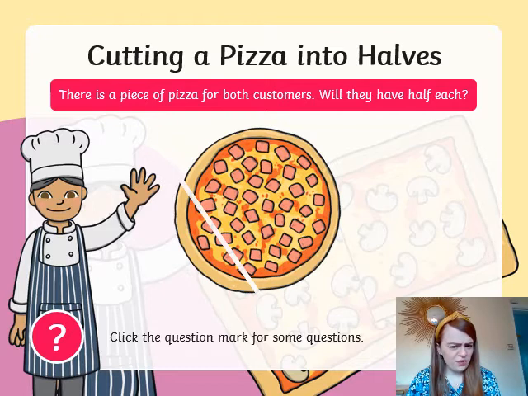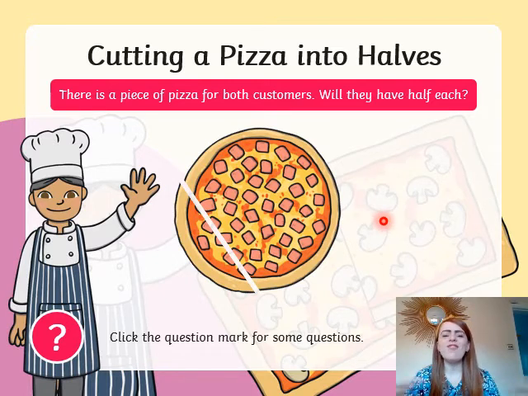Let's look at it now. Is this into halves? Each person is going to get a bit of pizza. He's split it into 2. So has he cut this bit of pizza into 2 halves? Has he cut this whole pizza into halves? Well, no, again, because they aren't the same size.